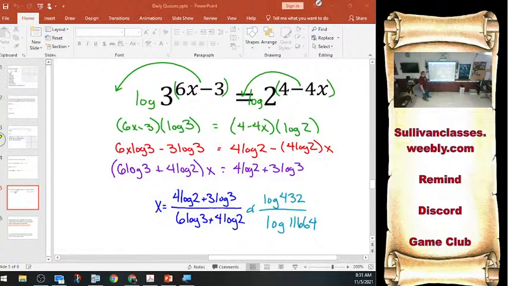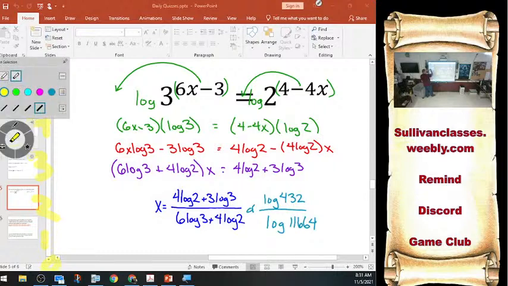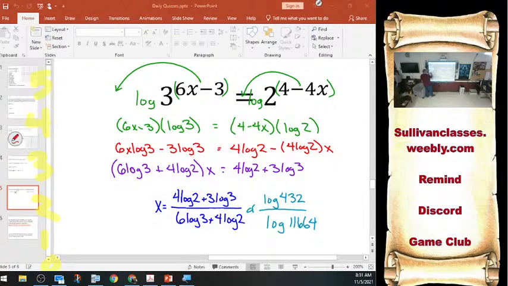But did you 1, 2, 3, 4? Yeah, I think this is a Likert problem. Nailed it. Got the work to back it up.